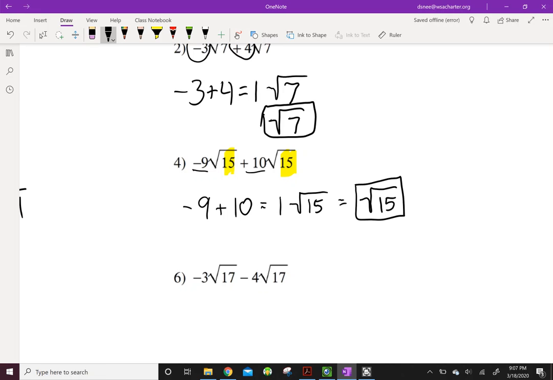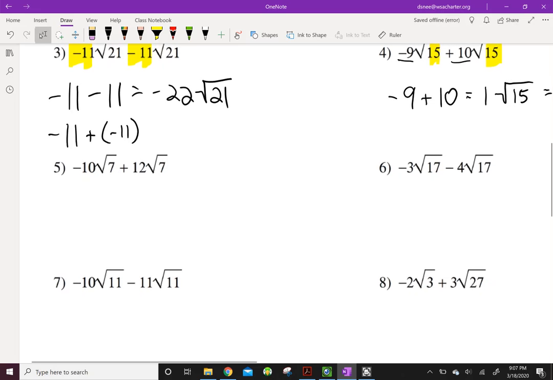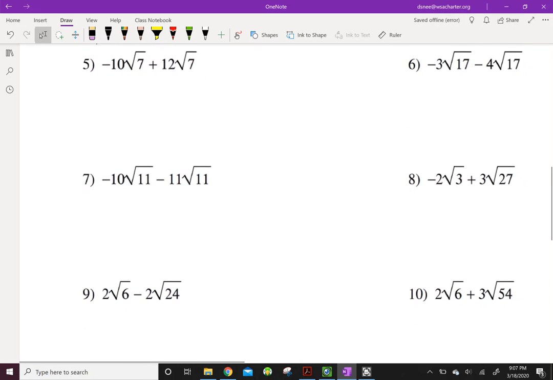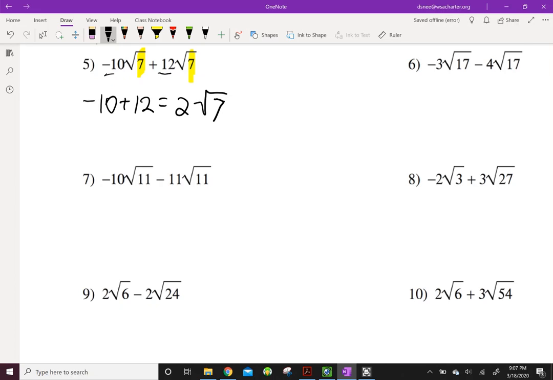Okay. So this is adding and subtracting with radicals. You have to make sure the radicand is the same, and then you can combine your terms. Negative 10, positive 12 equals 2. Copy square root of 7.